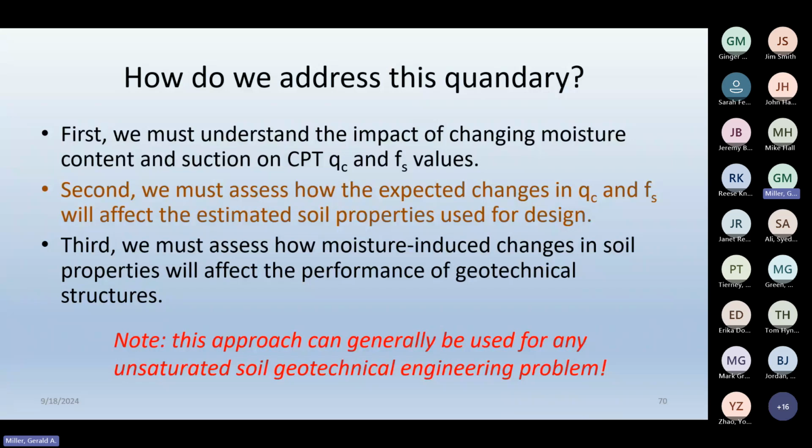But keep in mind, I'm just looking at a footing and bearing capacity, but you can apply this approach to any problem, whether it's looking at slope stability in particular. I'd argue that most of our slope failures probably occur in an unsaturated state.